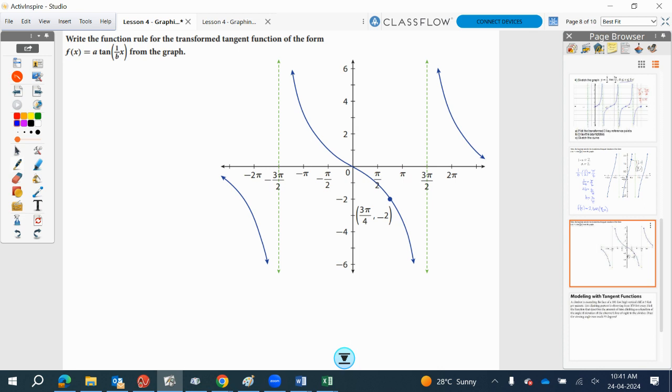Then b is 3 over 4 times 1 over b, which has to be equal to pi over 4. That's going to be 3 pi over 4.